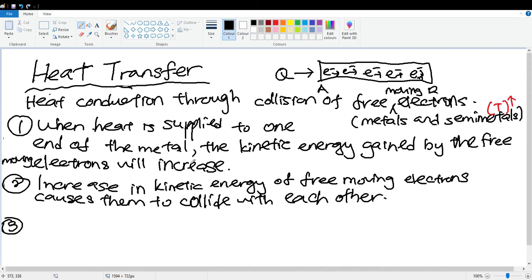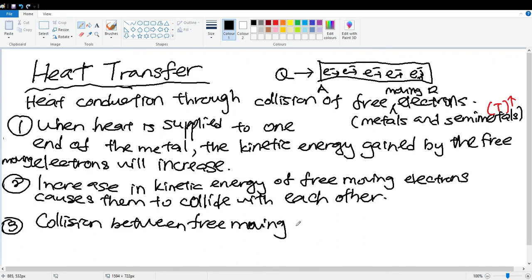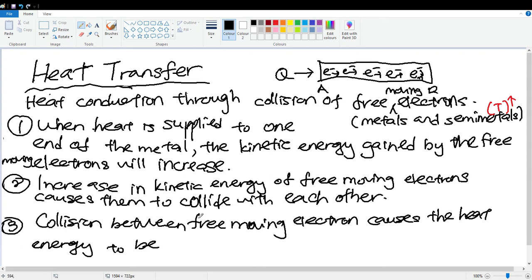And this is my conclusion: collision between free moving electrons causes the heat energy to be transferred, and hence the heat conduction occurs.